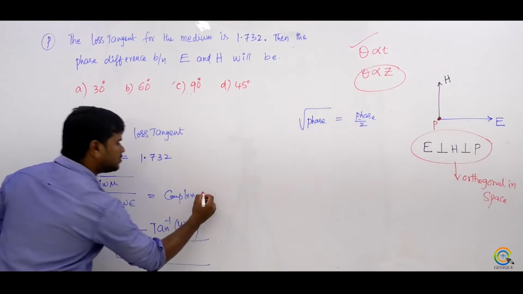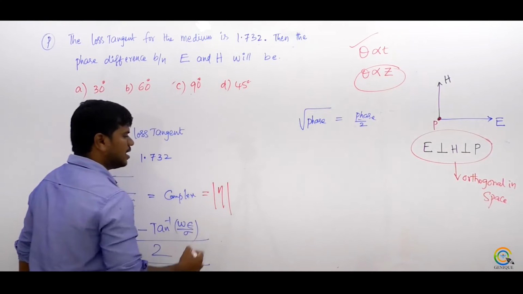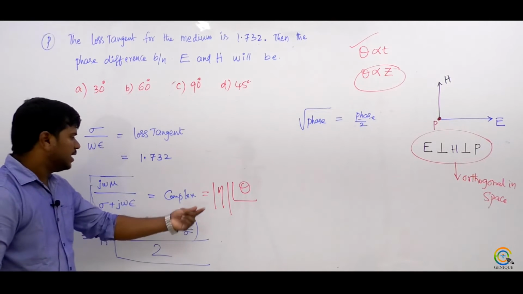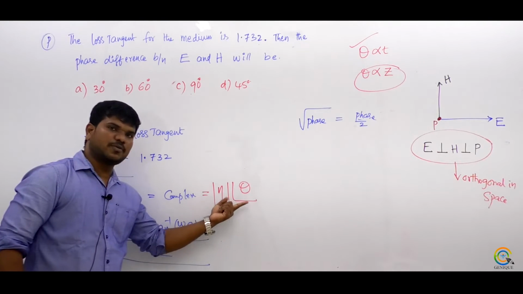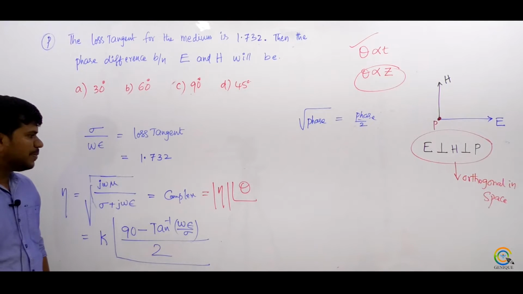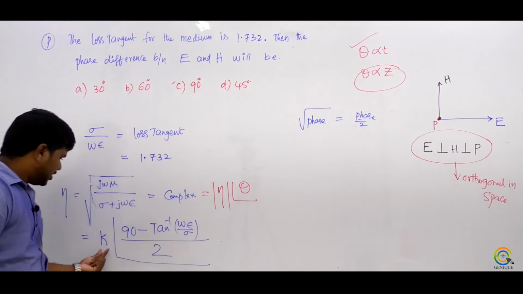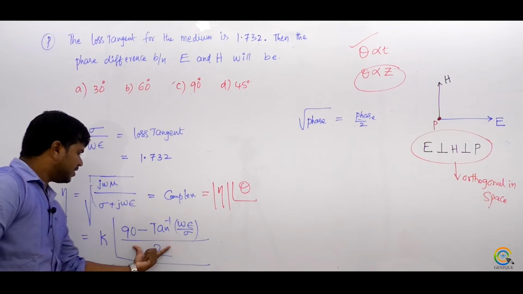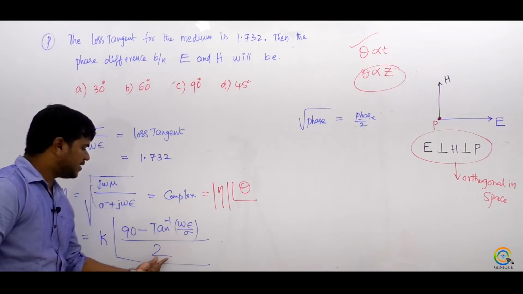Because it is a complex value, eta can be written as magnitude of eta and angle theta, some magnitude in polar form. The magnitude is this one, k, and the phase is this one. Theta is equal to 90 minus tan inverse omega epsilon divided by 2.